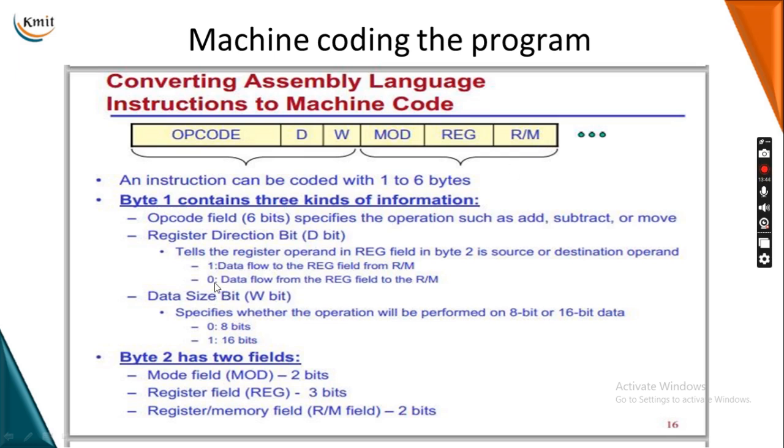If it is 0, the data flows from the register field to the R/M. The next one is W, the width bit, or size bit. If it is 0, the data size is 8 bits. If it is 1, it is 16 bits. Clear? This is a 1-byte instruction, which always consists of opcode and operand.